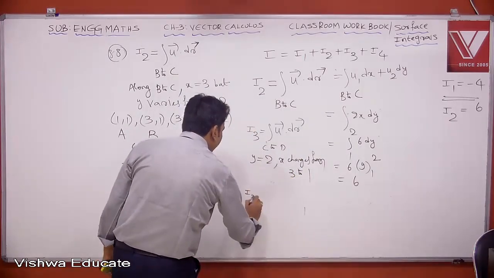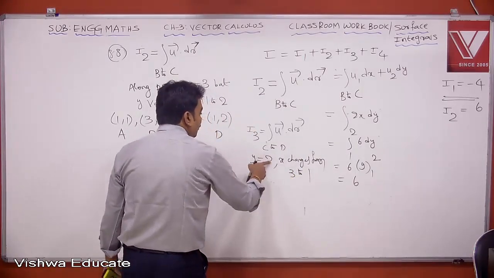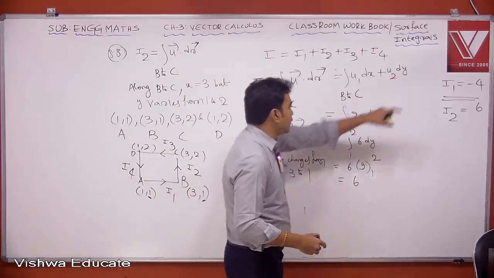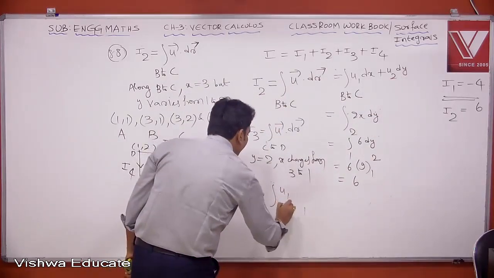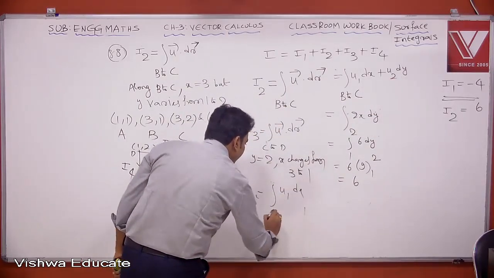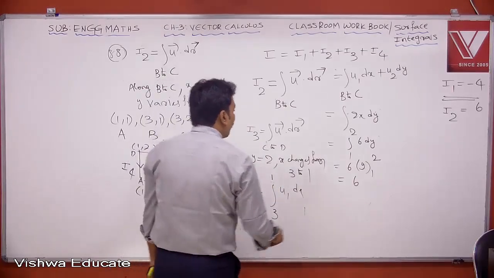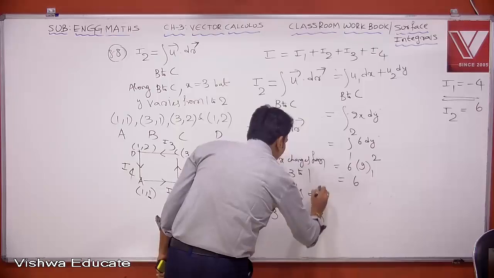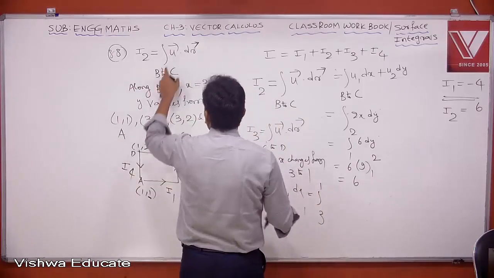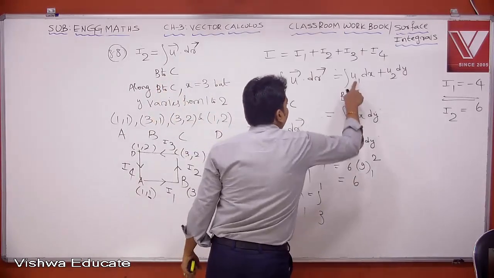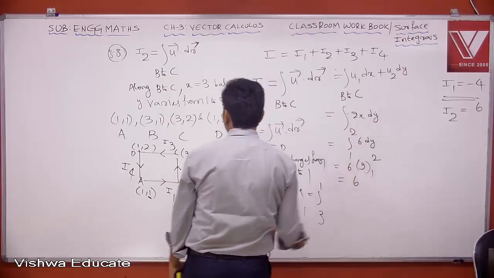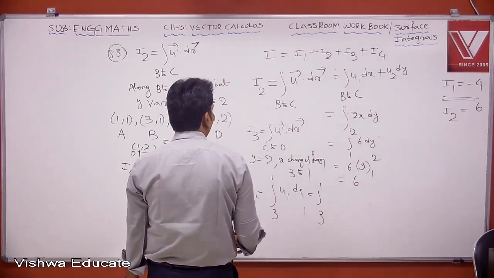So this I3 equals, anyhow y value is 2, therefore dy becomes 0. So this is just integral U1 dx only, but x is ranging from 3 to 1. Now, what is U1? So let us write the U1.